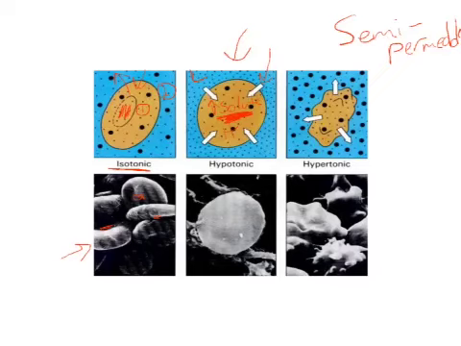Now, you see here in Figure 1, in the isotonic solution, they're still discs. But in Figure 2, because it's hypotonic, and tonic, by the way, is talking about the solution that it's dissolved in. So it's iso because the inside is equal to the outside. It's hypo because the outside is less than the inside. So anytime you see tonic, you're talking about the liquid that the cell is suspended in.